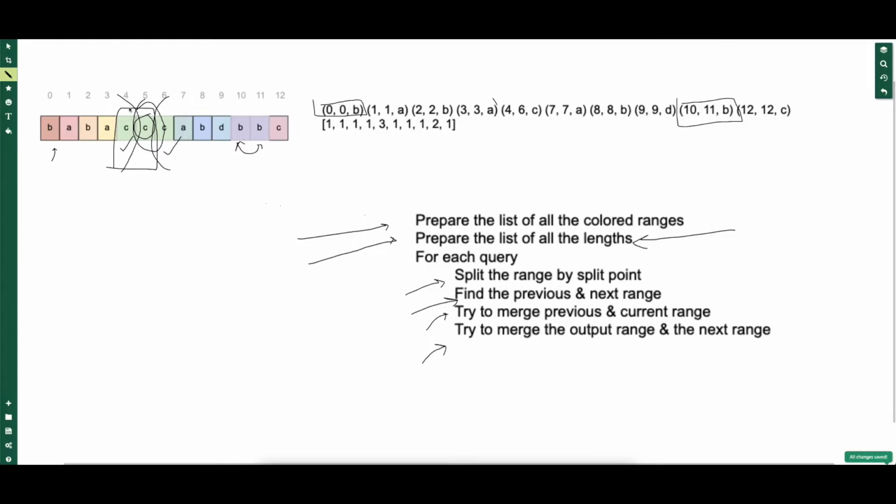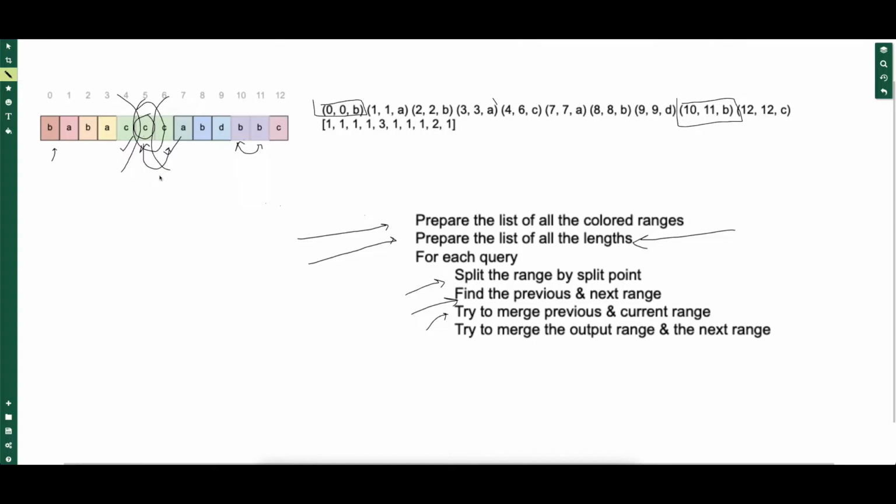So if they are mergeable, there is one range. With this range, we will try to merge next. If they are not mergeable, then there is only one range. Like previous is separated, so we will just try to merge these two.